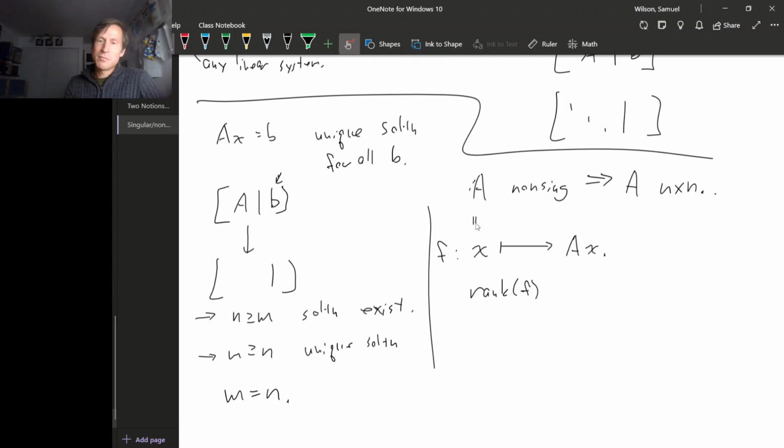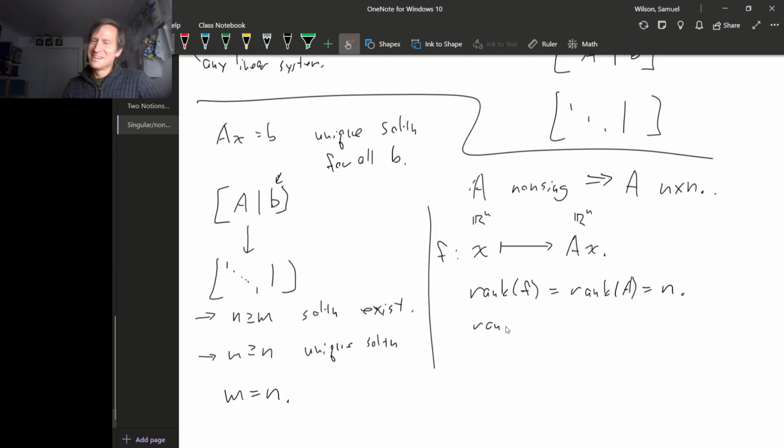This is from Rn to Rn, right? Well, because to have unique solutions, when you row reduce you have to have ones down the diagonal, the rank of f is equal to the rank of A. If there are ones down the diagonal when you row reduce, the rank of A was n. So now we have that the rank of f is n.